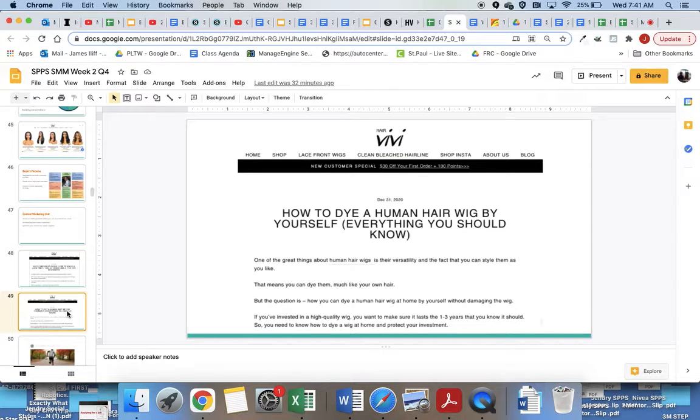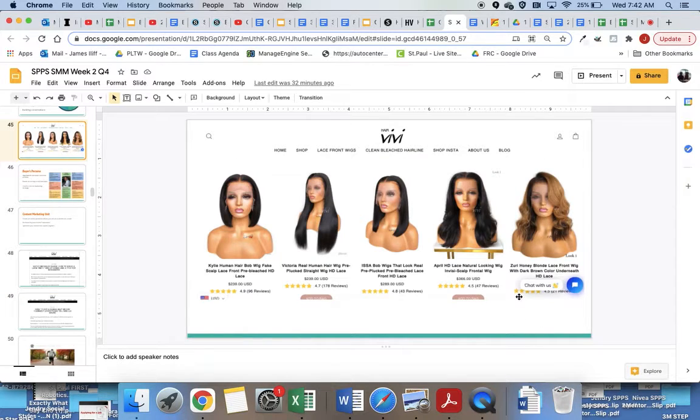Here's another one: how to dye a human hair wig by yourself, everything you should know. Wow. So again, people are out on the internet, saying, hey, how do I dye a human hair wig? Well, guess what? If they stumble upon this reading and it was helpful for them, all of a sudden in the prospect's mind, Hair Vivi is an expert. And now they click around and they find, oh my God, look at these awesome wigs.